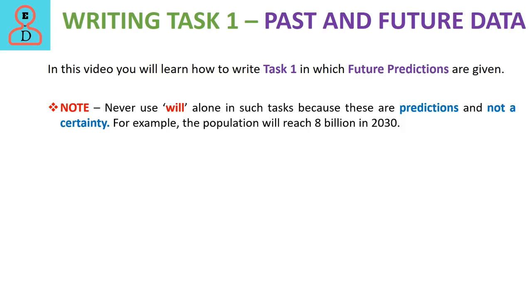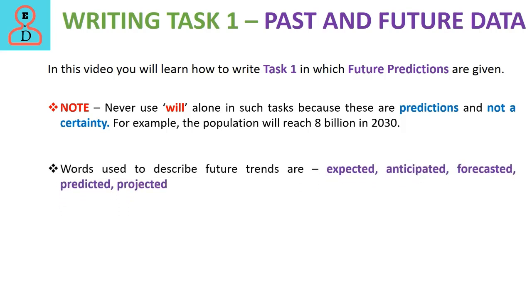But in the graph, the predictions are made, which means that it might happen or it might not happen. The words which you must use in this type of task to describe future trends are expected, anticipated, forecasted, predicted, and projected.